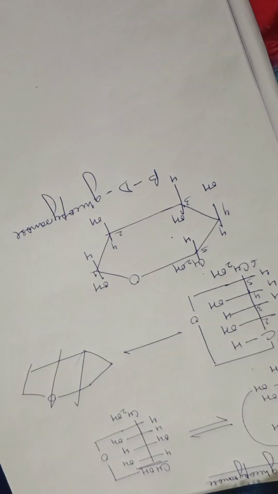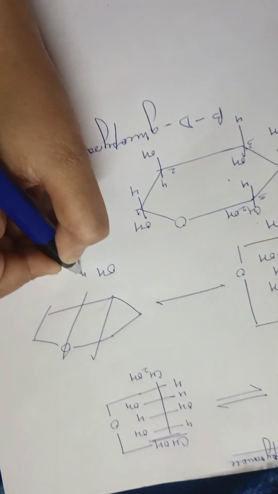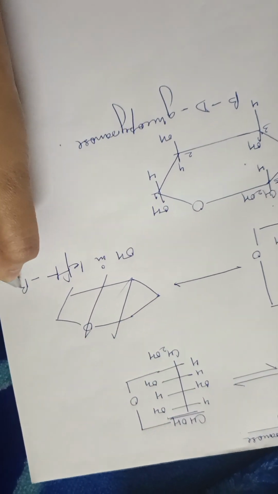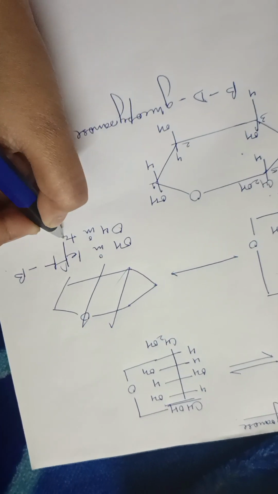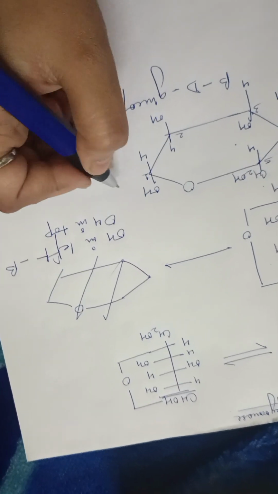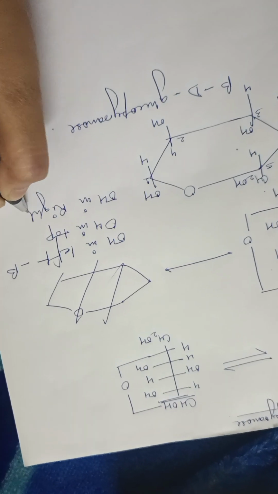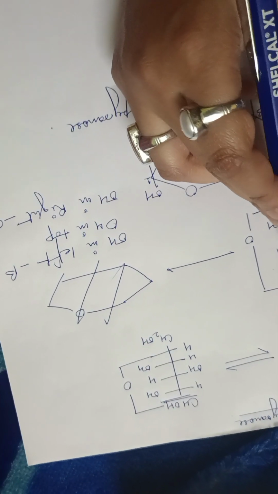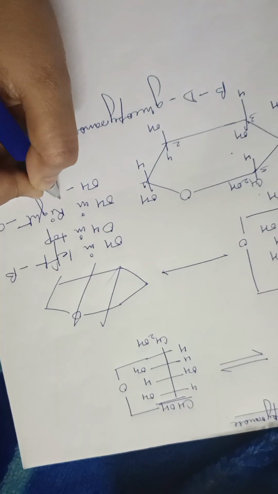If you are forgetting, then remember one thing. OH on the left is beta, that is OH on the top in the pyranose structure, and OH on the right is alpha, that is OH on the bottom.